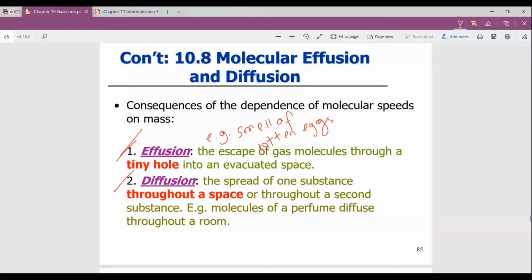Effusion is the movement of gas through a tiny hole. While diffusion is the spread of one substance throughout a space, like perfume. Perfume will diffuse from room A to room B, from room B to room A. That's diffusion.